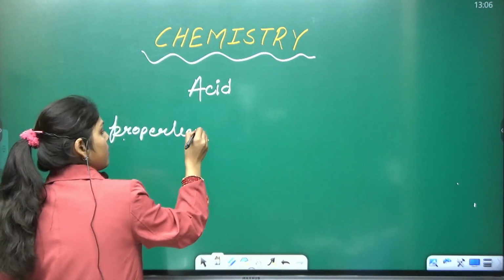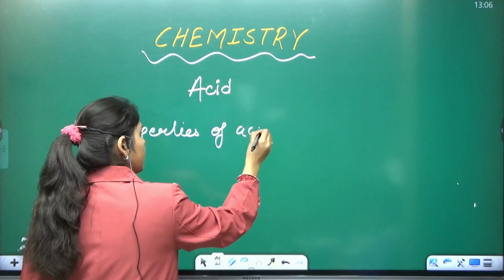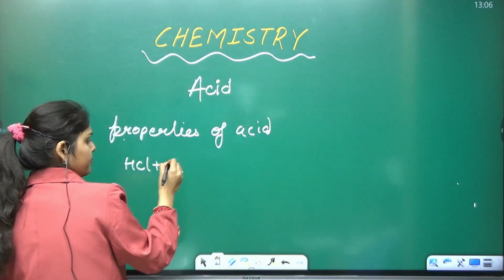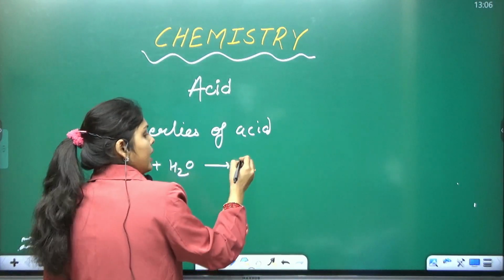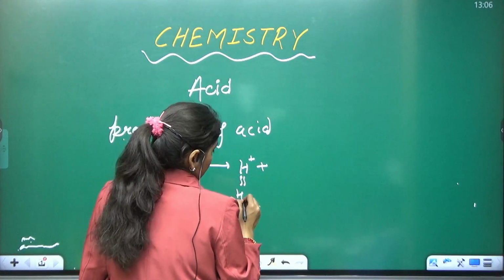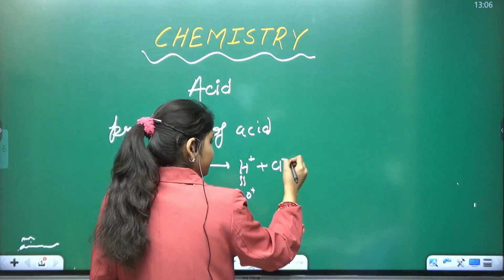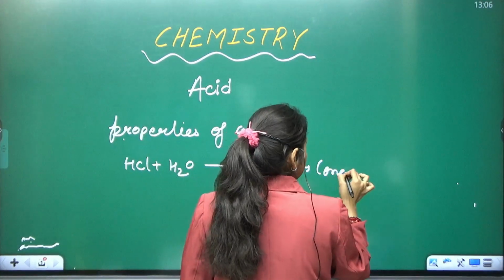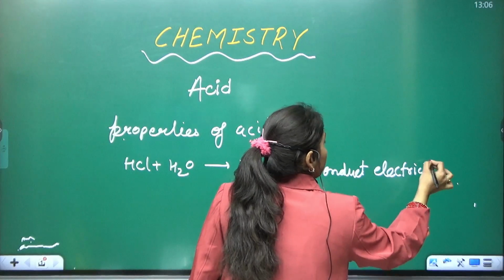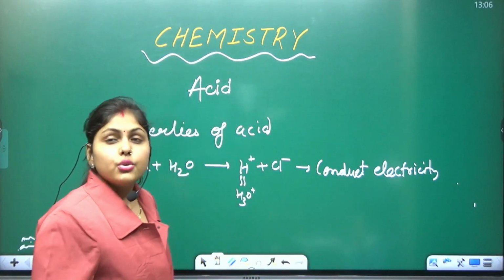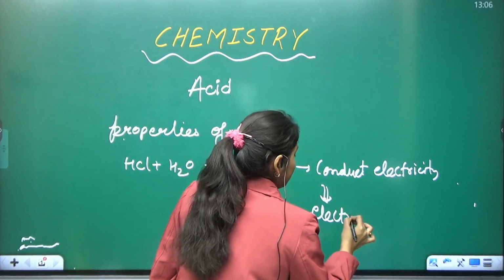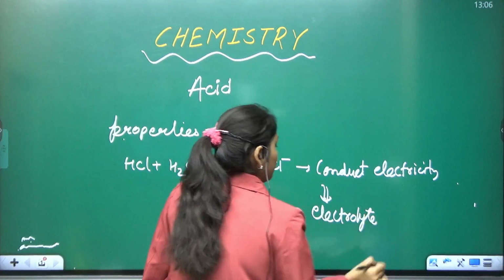Acid, on adding water, gives ions in so many quantities, and conducts electricity. And the solutions which allow electricity to pass through them are called electrolytes. So you can say acids are also electrolytes. Okay.